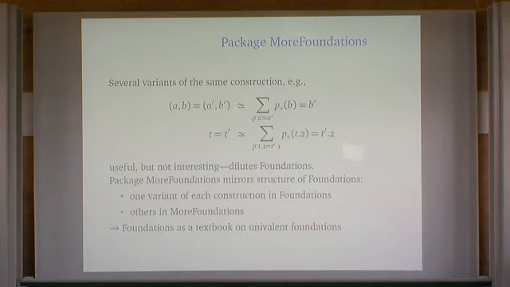So if we put all of these variants into one file, then reading that file gets extremely annoying and upsetting. So the idea is to have one variant in foundations and put the other variants in more foundations. And this more foundations is not meant to be read, but rather meant to be searched in some other way.